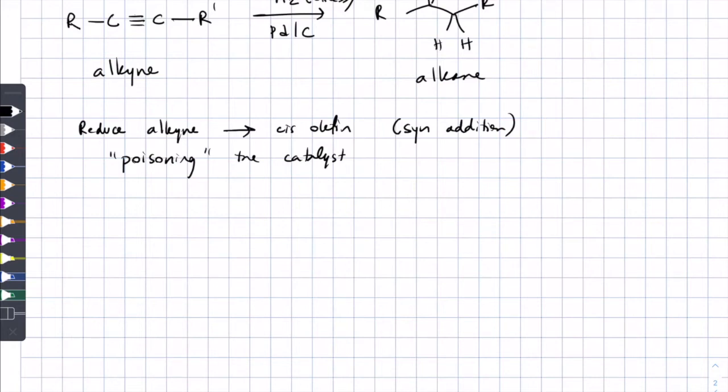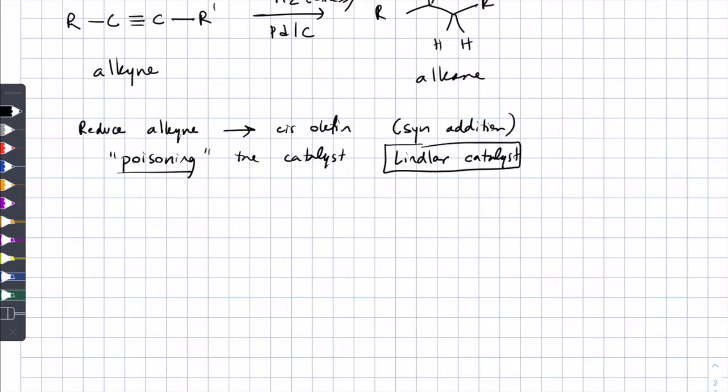It won't be important for our discussion. I think lead is involved and a compound called quinoline is involved. But for our purposes, we're going to use something called the Lindlar catalyst. It's a poisoned version of the catalyst.